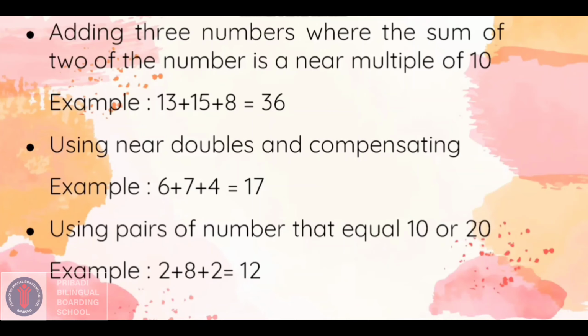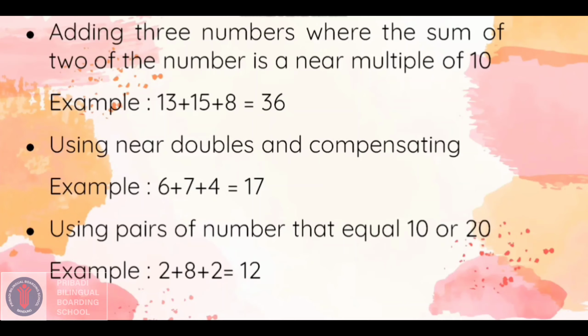Before I get this number, I need to calculate them all. How to do it? I know that 13 plus 7 will be equal to 20. So I will put together 13 and 8. 13 and 8 will be equal to 20.